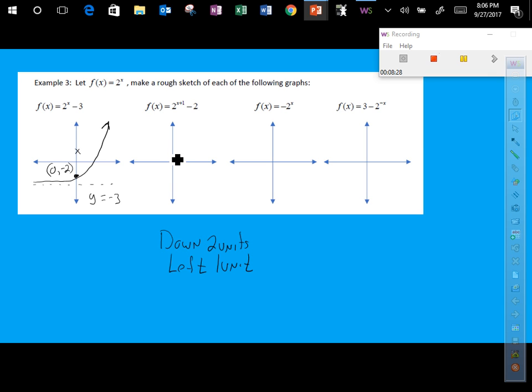So I'm going to take my normal point that would be at 0, 1, and move it down 2 and over to the left 1. I'll have an asymptote right here at y equal negative 2. And my graph's going to look something like that.